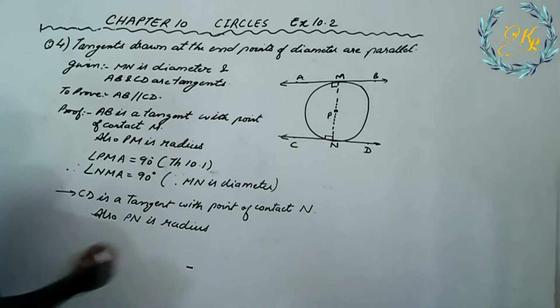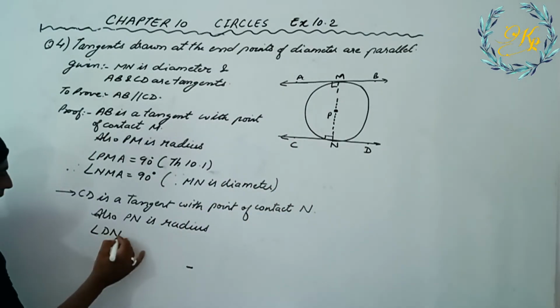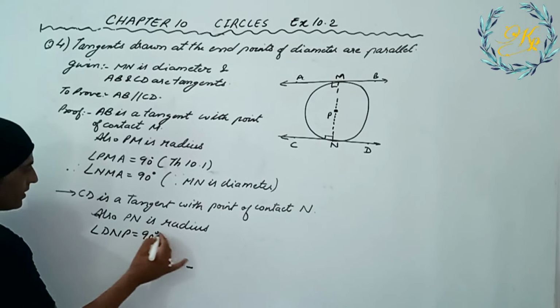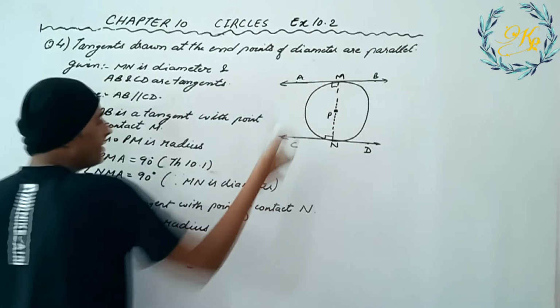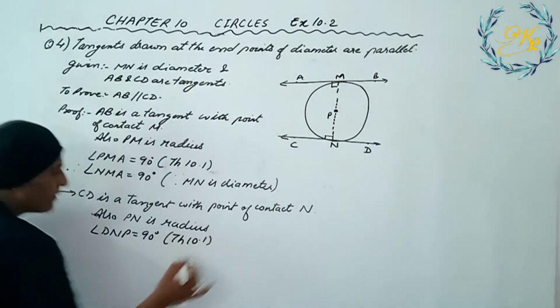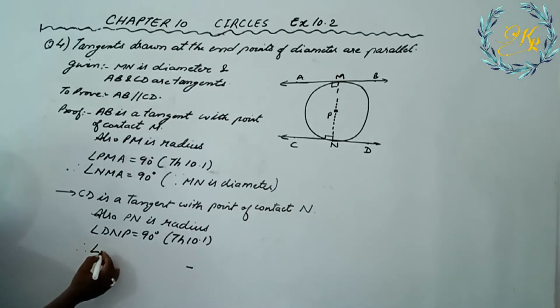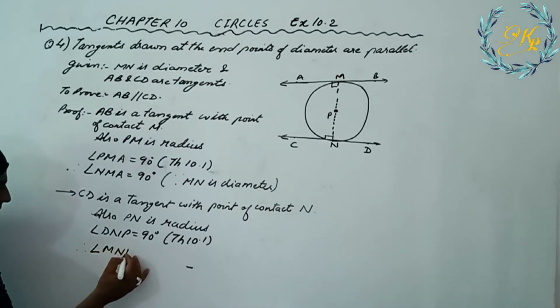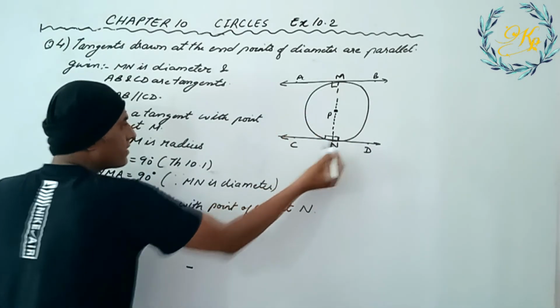Alright, so you can write here angle DNP. Angle DNP is equal to 90 degrees. So if I extend this point from P towards M, I can write the same. This is according to Theorem 10.1. Alright, so lastly I will write, therefore, angle MND. MND, this one.